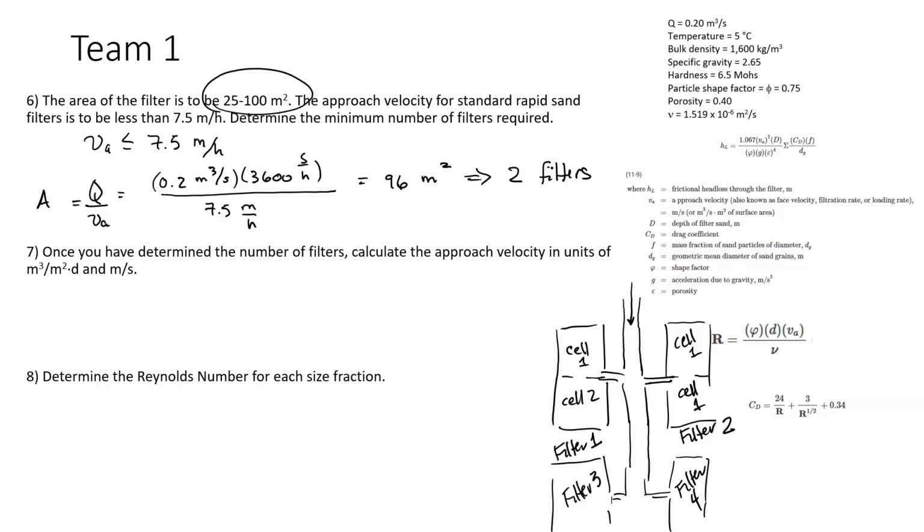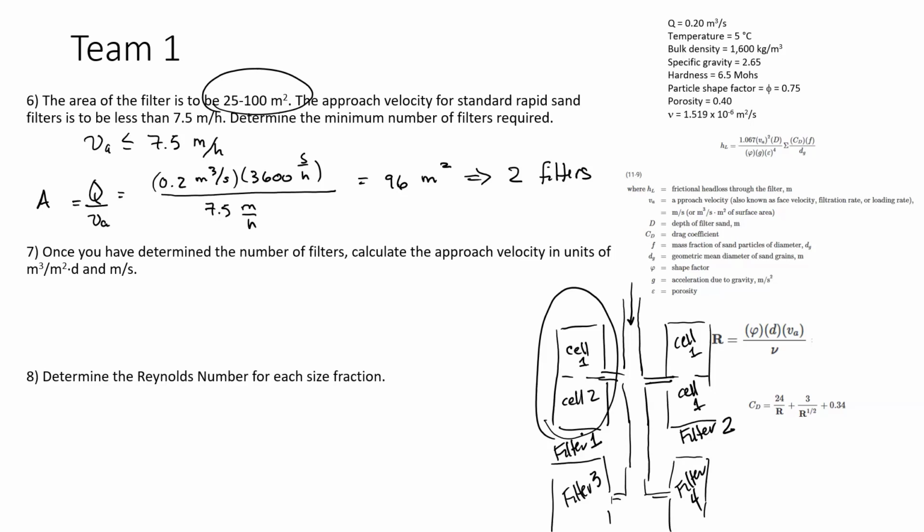When we backwash, we're backwashing the entire filter. So we don't backwash just a cell. It's divided into 2 cells, but the whole thing is the filter, and we backwash the entire filter.